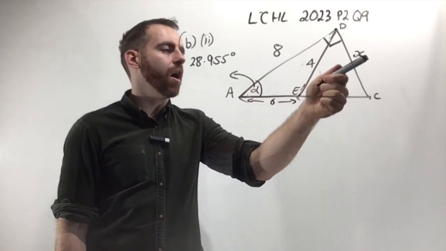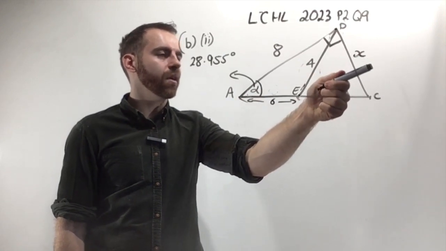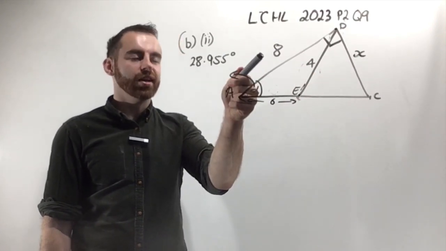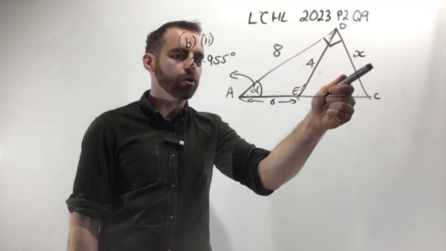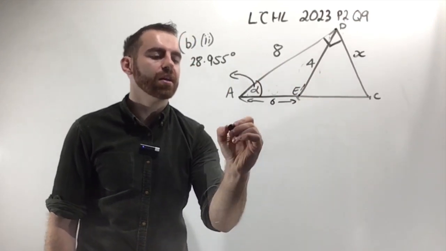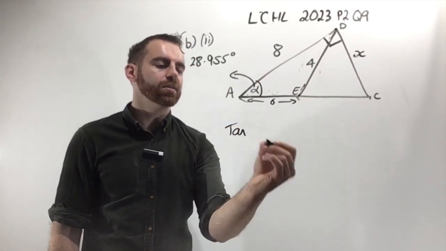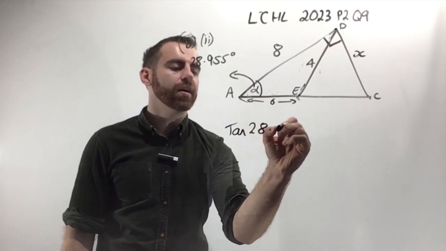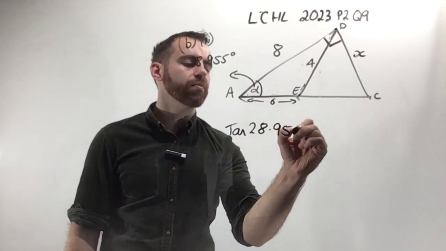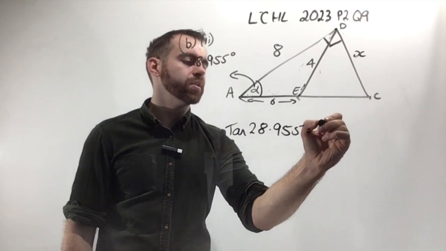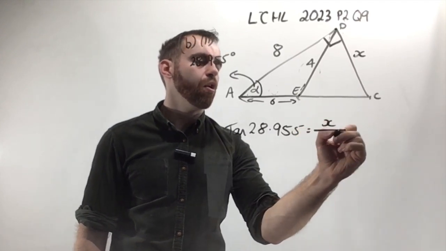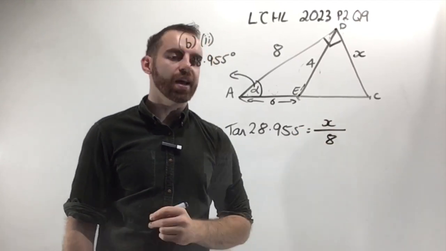I know that the opposite side is x and the adjacent side is 8. So if I'm looking for opposite and I have the adjacent, I should be using tan. I can say that tan of the angle alpha, which is tan 28.955, is equal to the opposite, which I'm referring to as x, over the adjacent, which in this case is 8.